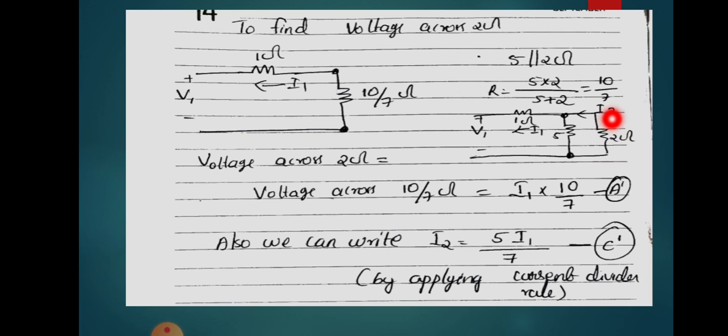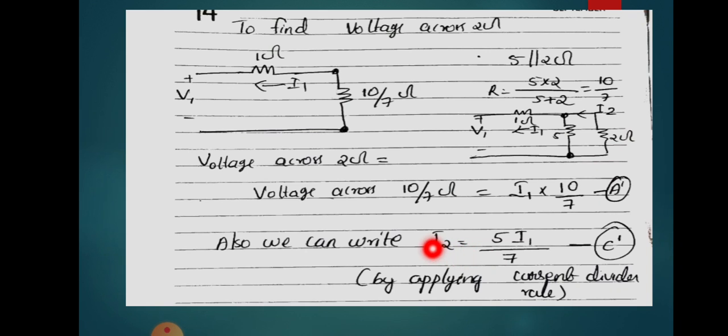From the current divider rule, the current through this 2 ohm, that is I2, will be equal to total current into resistance 5 divided by total resistance. That is the current divider rule. So we can write I2 equal to I1 into 5 divided by 5 plus 2, that is 7. So I2 can be written as 5 I1 by 7.